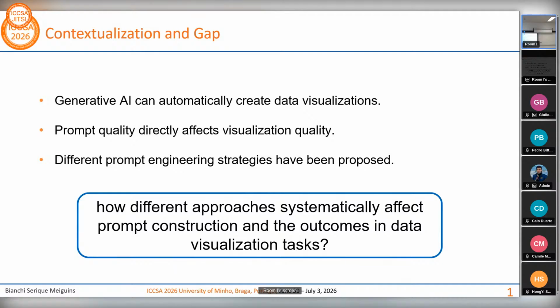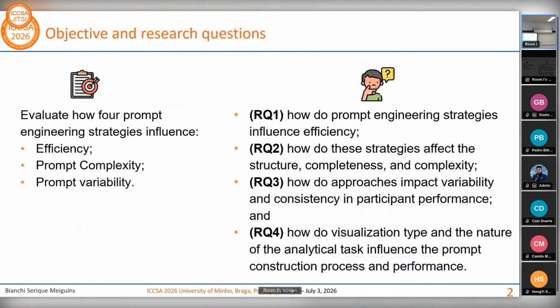Therefore, our main gap is understanding how different prompt engineering strategies affect the construction of these prompts and the final visualization process. Our main objective is to evaluate how four prompt engineering approaches can influence the efficiency, the complexity, and the variability of the prompt construction.